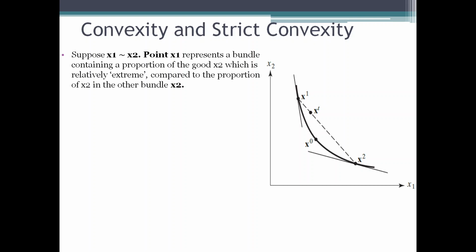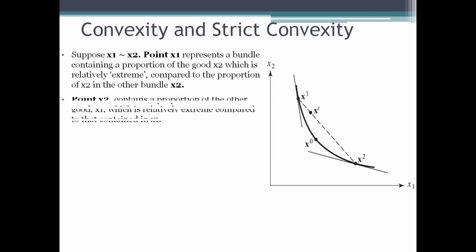Point x1, this consumption bundle represents a bundle containing a proportion of the good x2 which is relatively extreme compared to the proportion of x2 in the other bundle x2. If you just look at the consumption bundle x2 on the indifference curve, you can see that it has much more of commodity x2 compared to commodity x1.